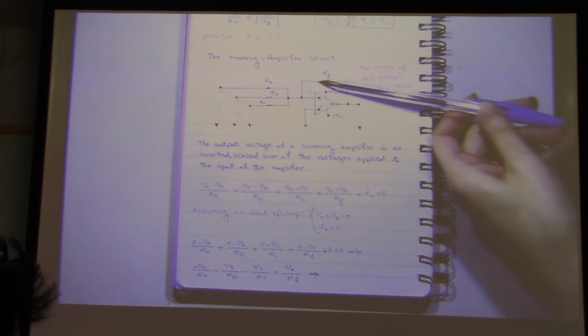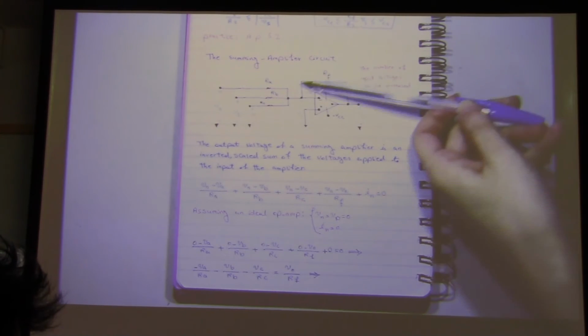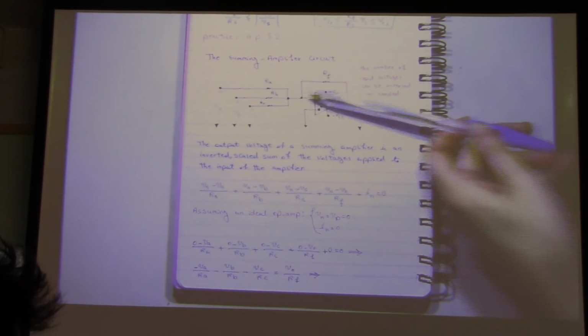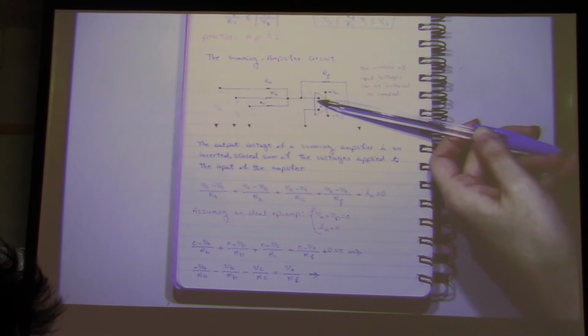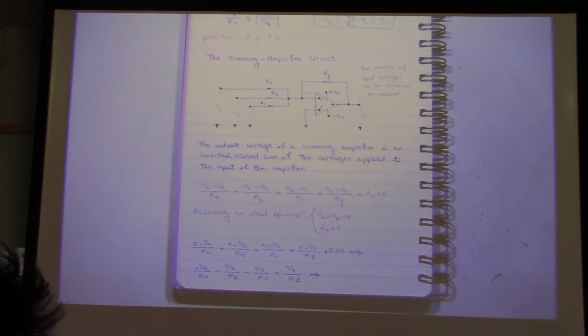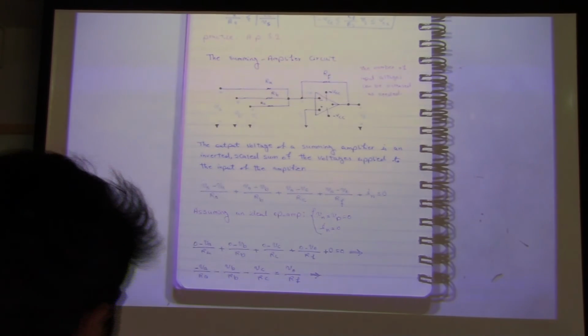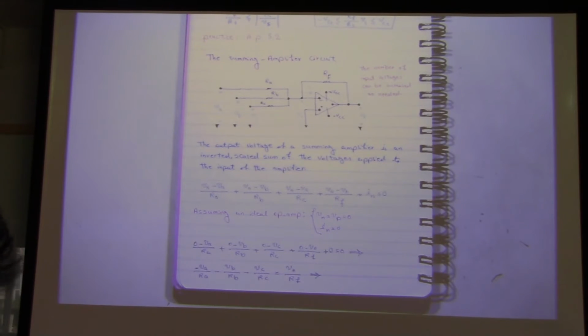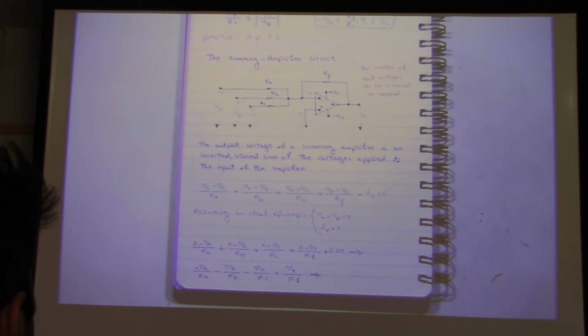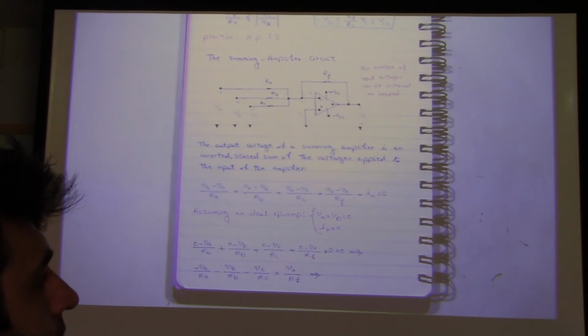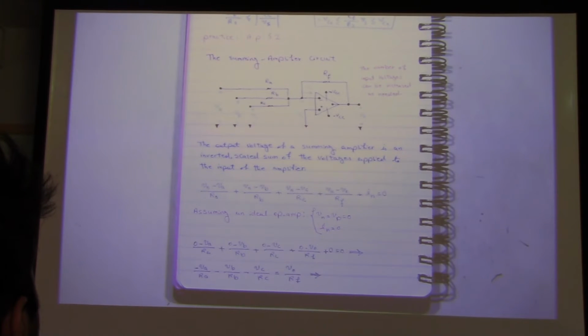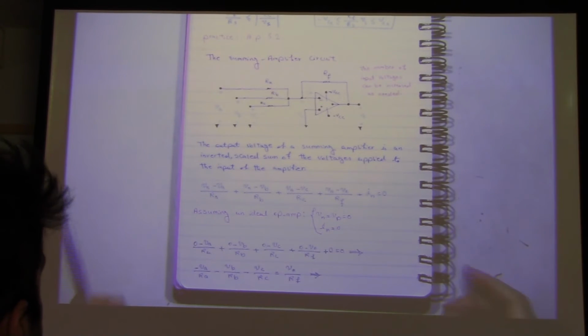Again, we have the feedback resistor over here, from output to the inverting input, just to make sure that we are not going into the saturation region. But if we have this feedback, it doesn't mean that we are in linear region.